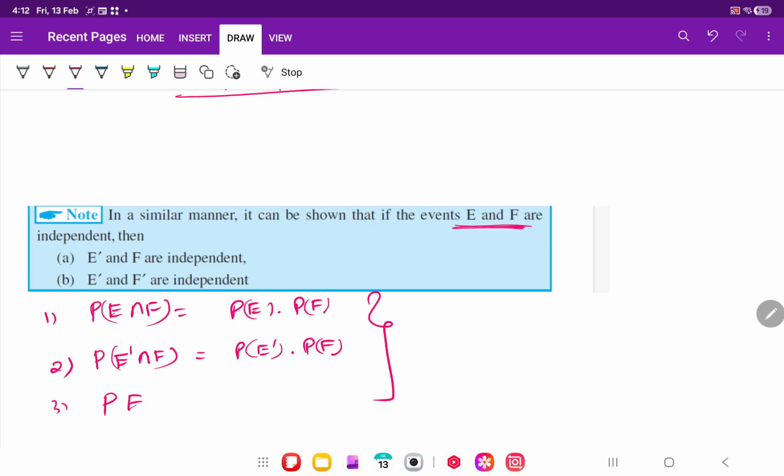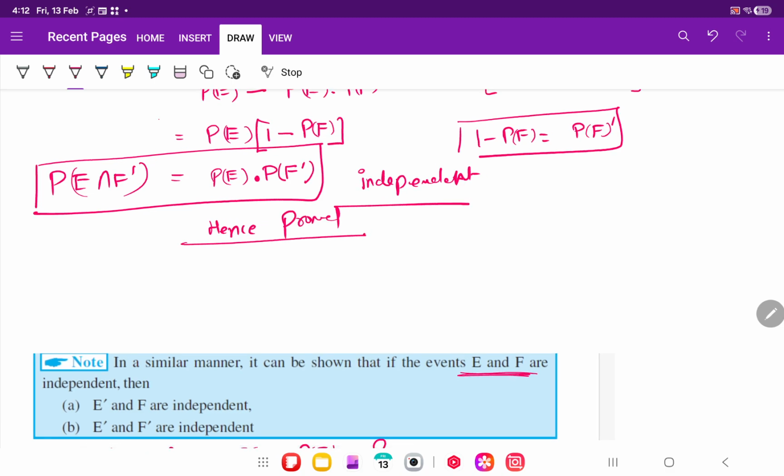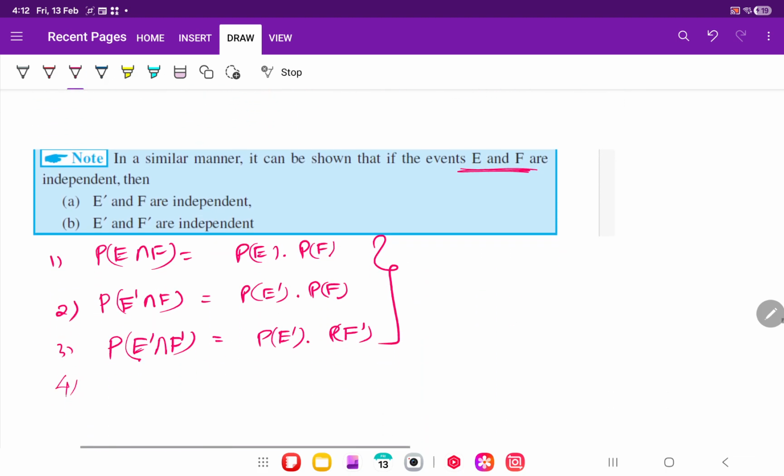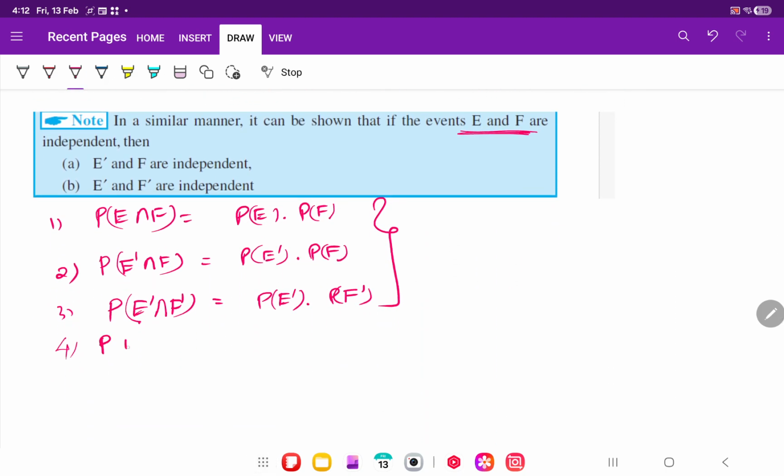Third is also true, E dash and F dash will also be independent. You can use it for MCQs and all. And the fourth one, which we just proved, is that E and F dash are also independent. So remember, all these four are very important identities for independent events.